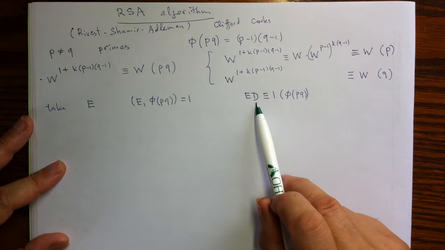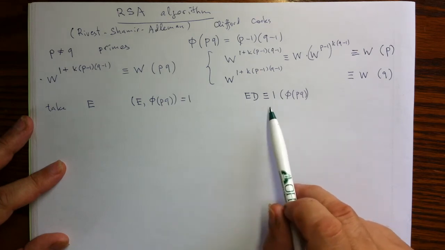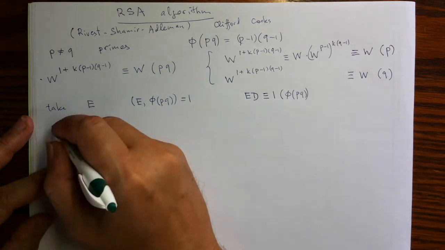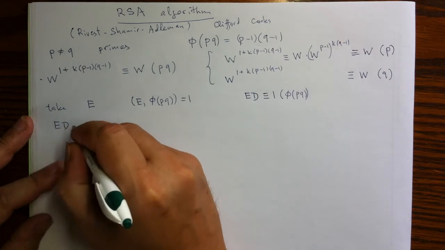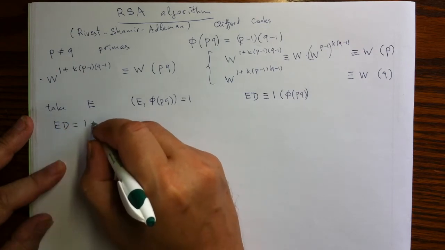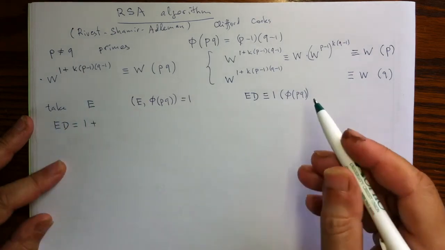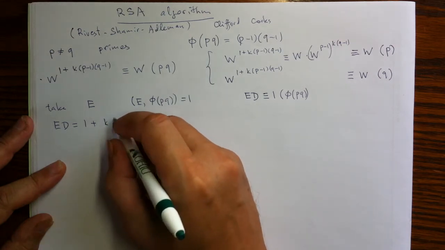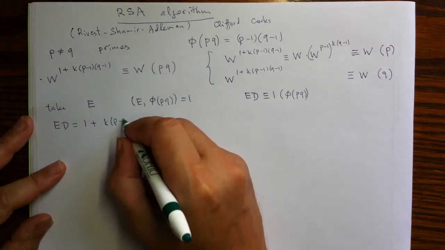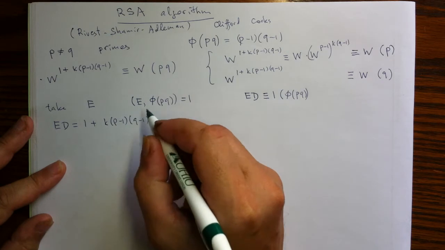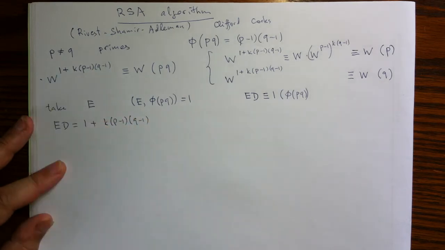And written in integers, this equation will become E times D equals 1 plus some multiple of the Euler function, and the Euler function is P minus 1 times Q minus 1. So that is exactly what we have as the exponent in here.